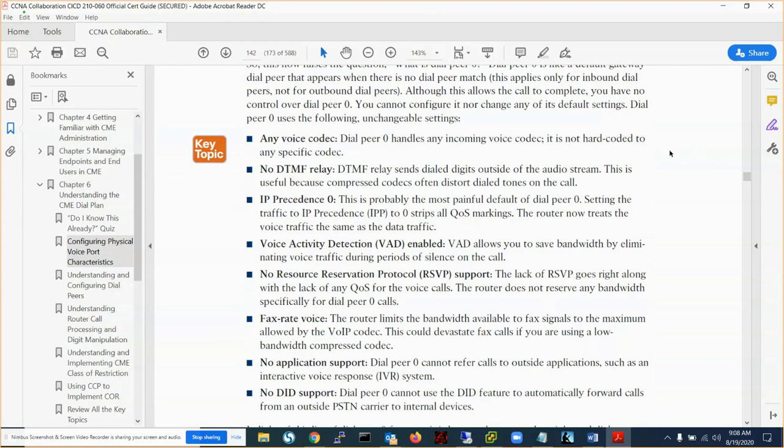Unlike other dial pairs that have QoS settings, where it will tell voice traffic, you go in front of the line. It's like somebody differently abled or senior citizens in the bank, who go in front of the line. But with dial pair 0, you can be old, you can be disabled, you have to wait your turn at the back of the line, because it doesn't give you any priority advantage.